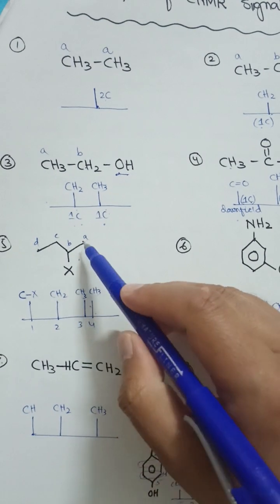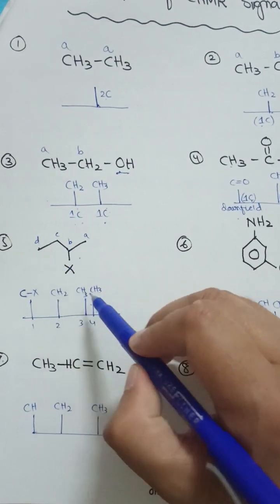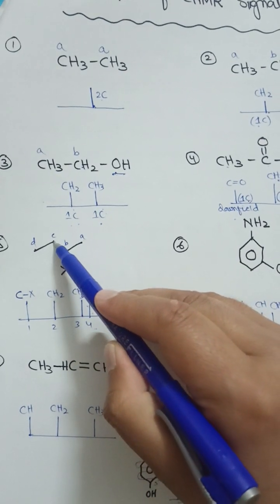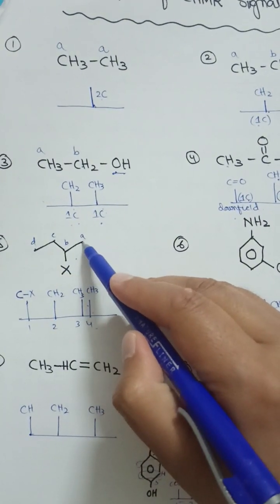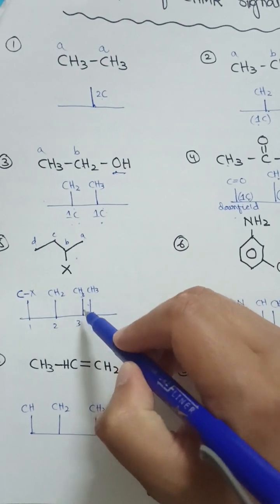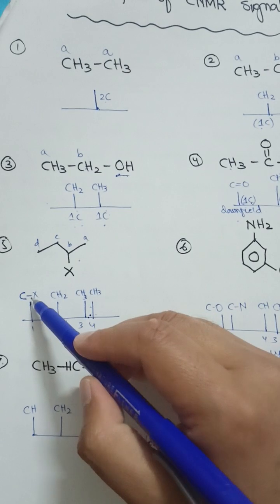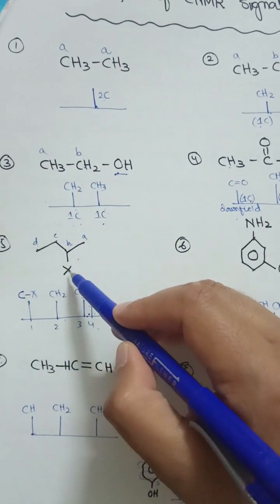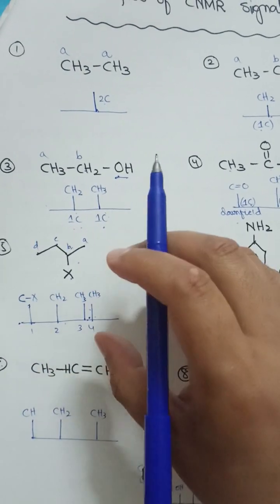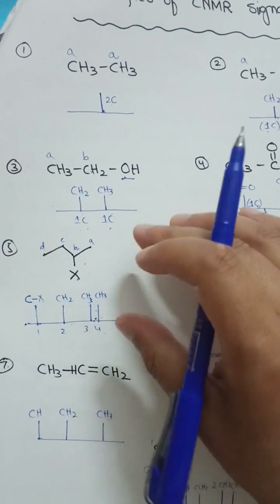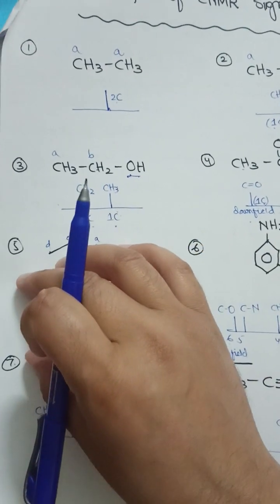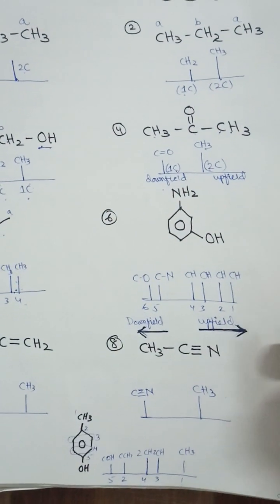Here is our CH3 carbon, which is D, the fourth carbon, and this peak of CH3 will be upfield, and then CH2, and then CX, which is the carbon attached with a halogen. It is more towards the downfield. So we will get CH3 peaks upfield, and then CH2 peaks, and then the single carbon peak attached with the halogen.